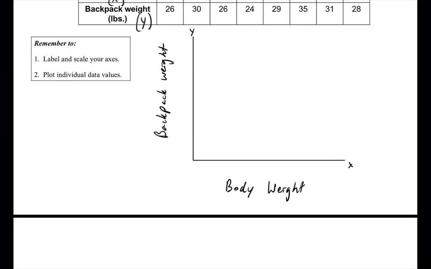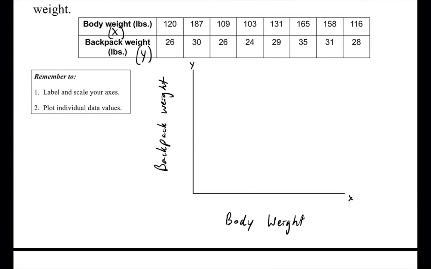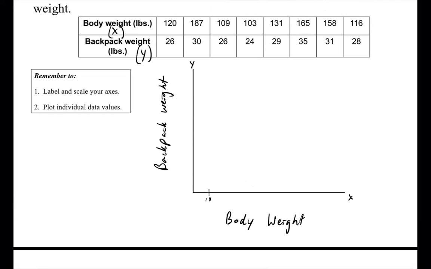Scale now. So the scale for body weight goes from 103 to 187. So I'm probably not going to start with 10, 20, 30. I'm not going to do that because then I won't have my first dot till way over here, right?